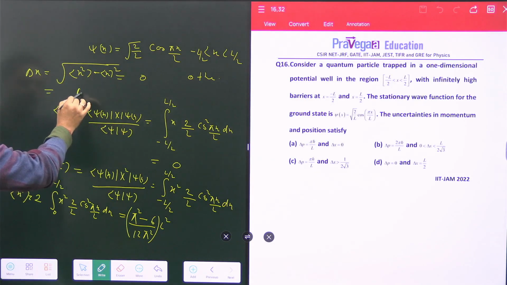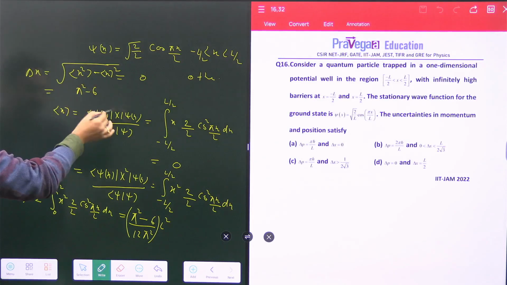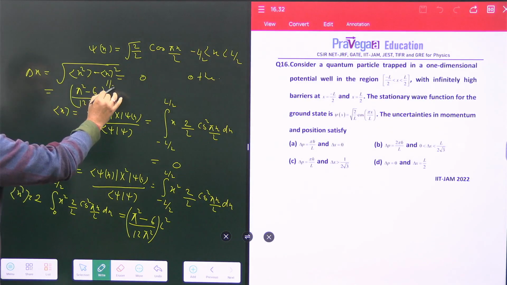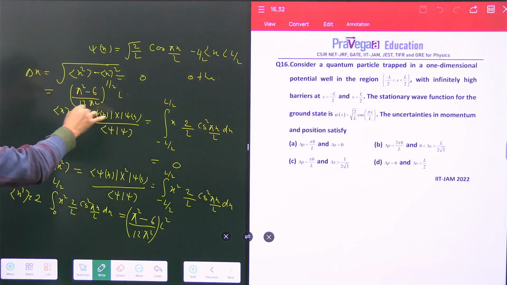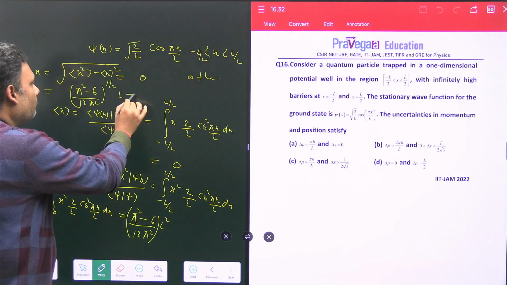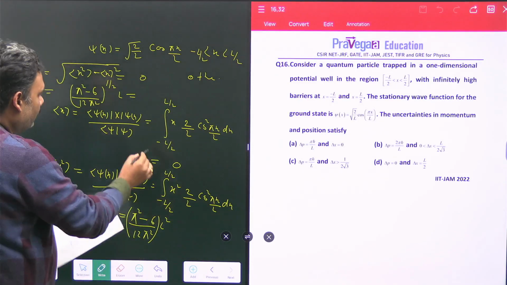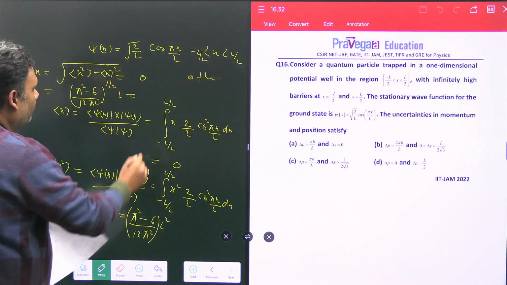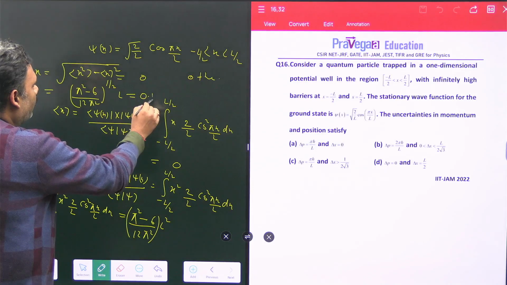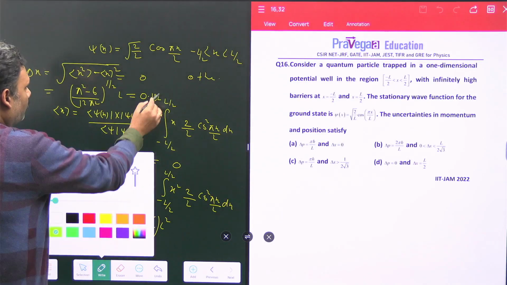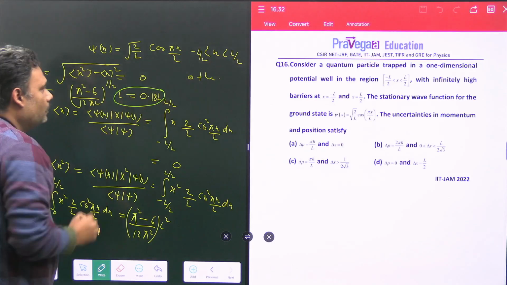So we have pi square minus 6 upon 12 pi square to the power half into L. When you calculate this value as a number, it is approximately 0.18 L. This is a very interesting number.